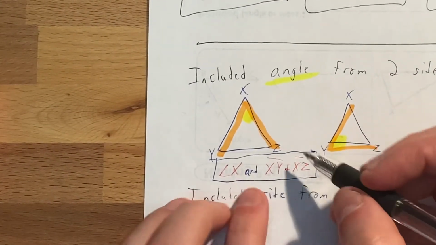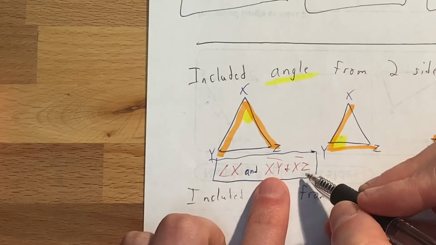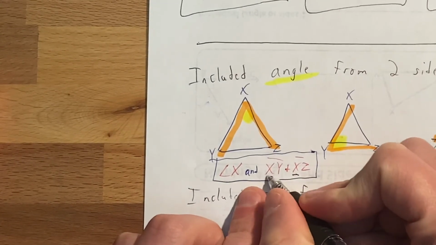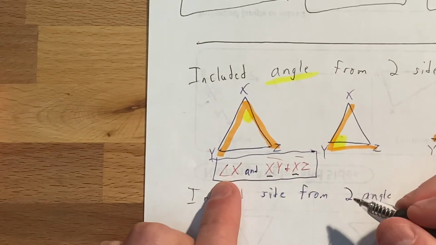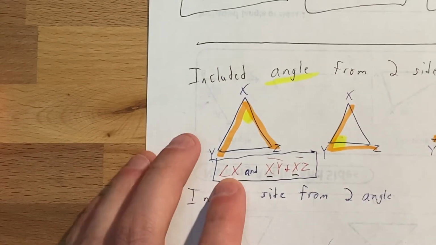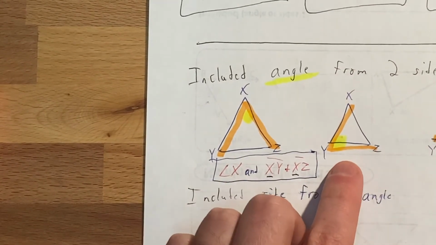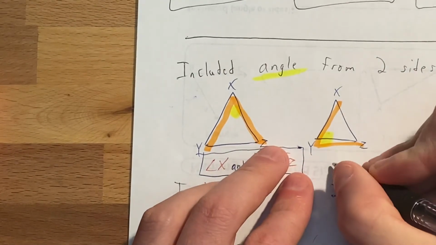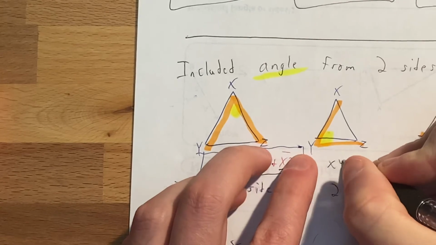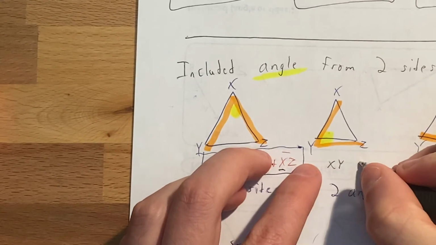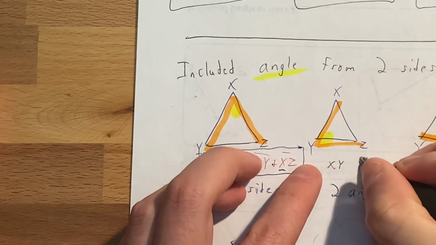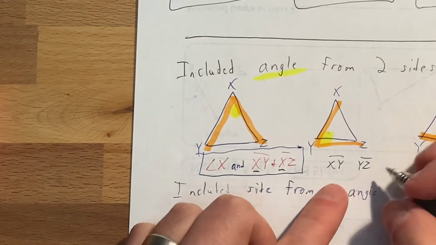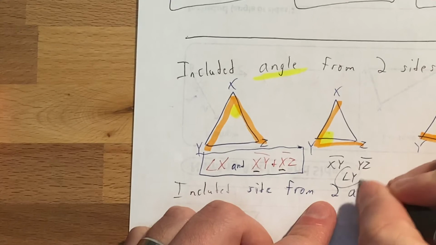I don't know if you would have noticed it, but XY and XZ, what do they share? That is the letter X, which not so coincidentally was the first part of that. And since I didn't do that middle one, you could do something different. The included angle from two sides. So if I did XY and YZ as my two sides, you could look and say, well, they share the letter Y, so angle Y is going to have to be the answer.